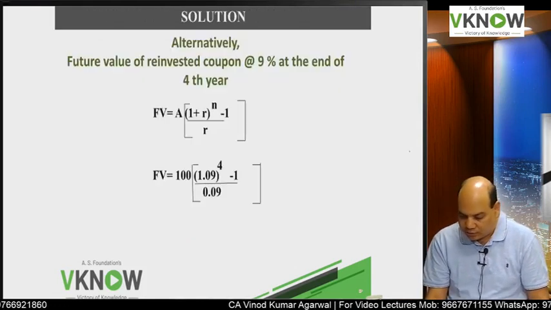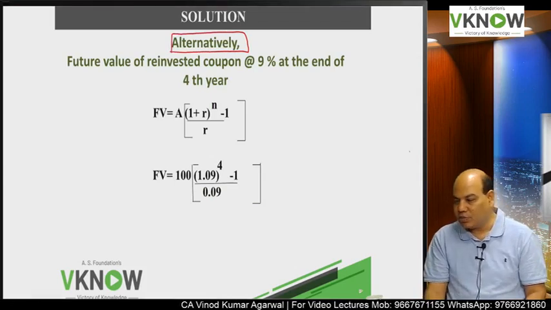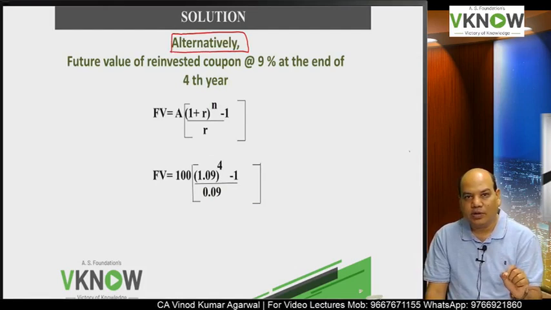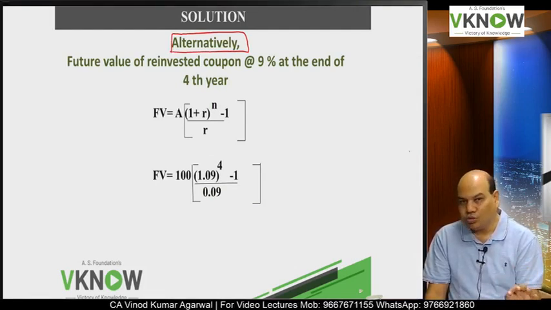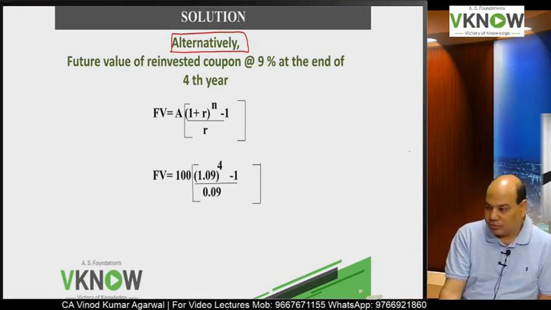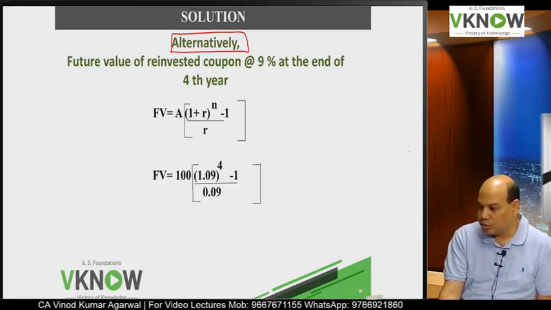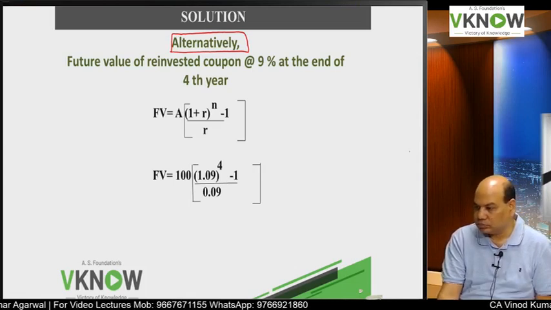So try alternatively. Suppose it's a 10-year problem, then the tabular format will take more time, and the formula will take less time. This formula is not new to you. You have studied it in maths classes also. Future value of reinvested coupon at 9% at the end of the 4th year.